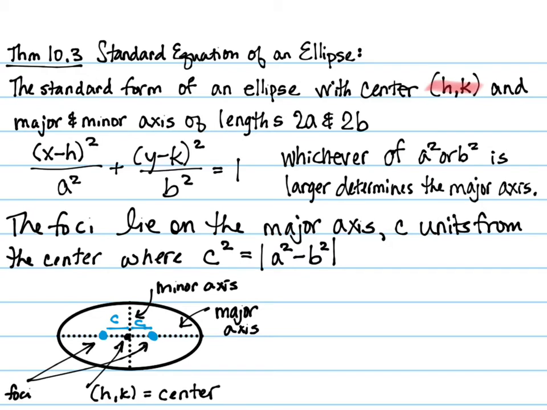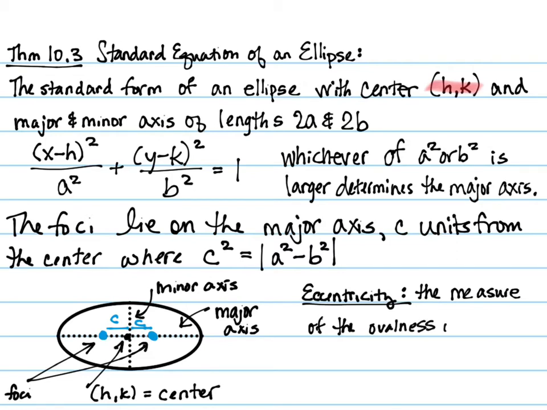There's one other piece of information that's important about ellipses, and this is something called the eccentricity. I think I have space enough to write it here, so we shall. The eccentricity is the measure of the ovalness, and yes, that's a real word, of an ellipse.